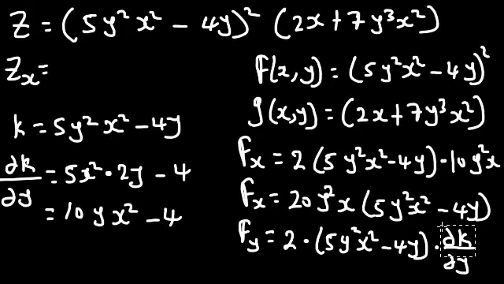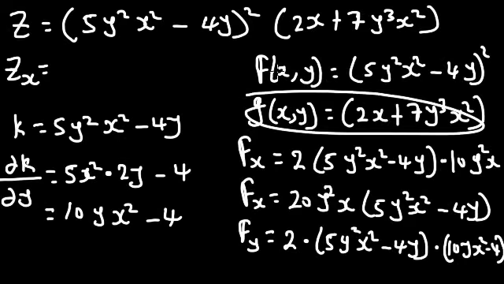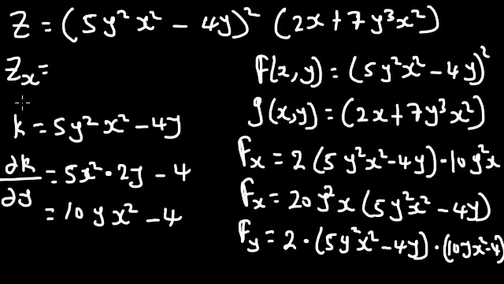So we're getting rid of this one. And thus we have 10yx squared minus 4. Perfect. I can see that. Let me do that again. Excellent. Now let's go back to g. We also need our g of x comma y.